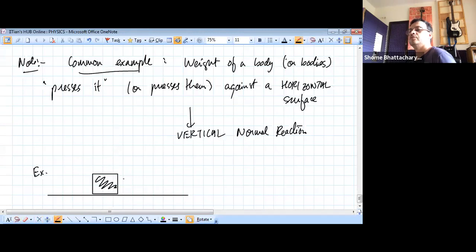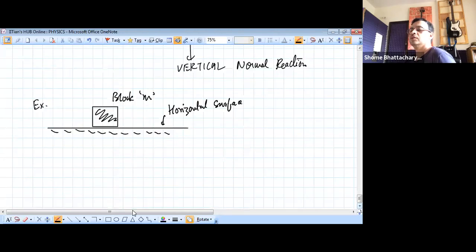But just for the sake of understanding in detail, this is a block of mass m, and this is some kind of a horizontal surface. As far as the block is concerned, the earth is pulling it down because of its mass. So the earth is pulling it with the weight.